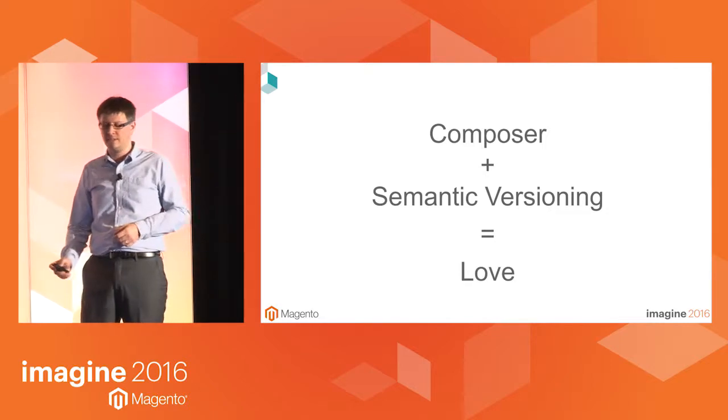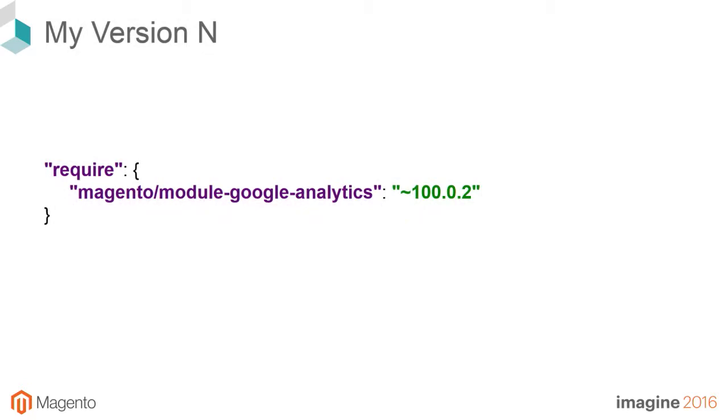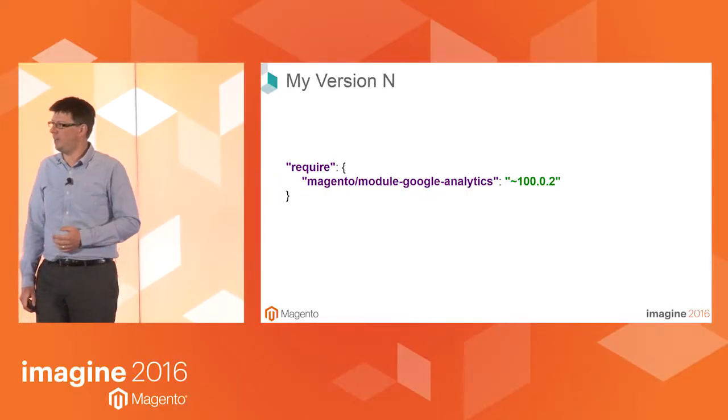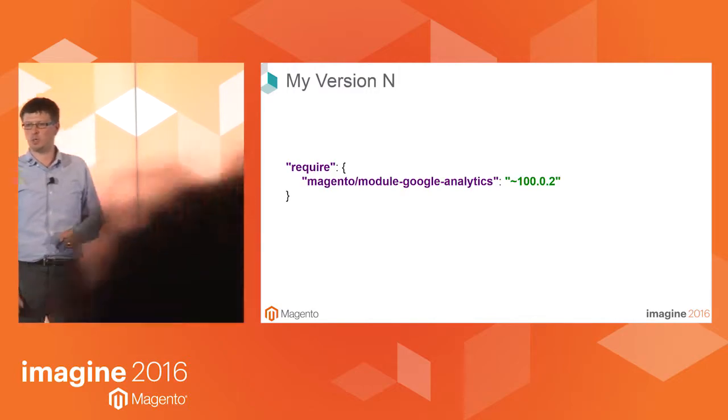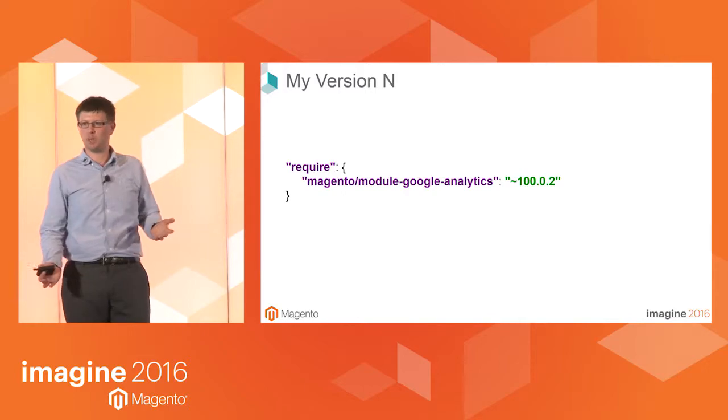And again, I'll give you a quick example of how that might look in real life. So I've built an extension, and in this extension, I can say, well, I require this certain Magento module, and I can say, well, up until the next breaking release, I'm compatible.